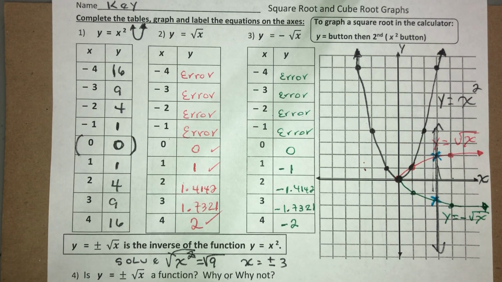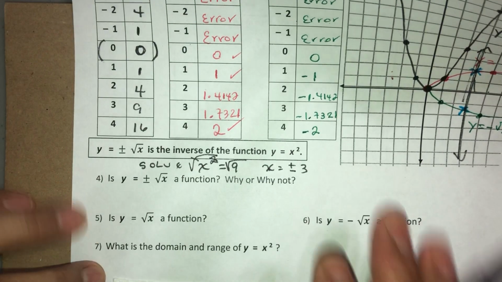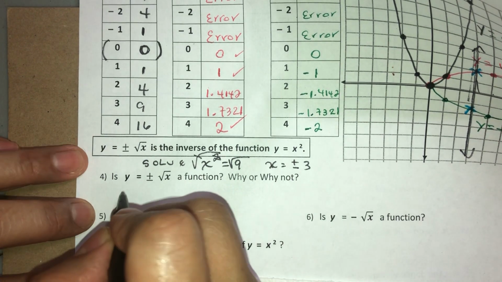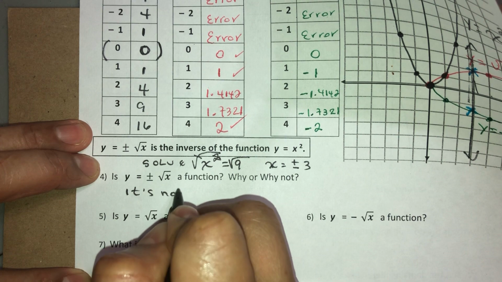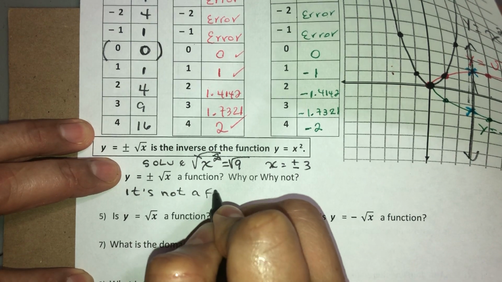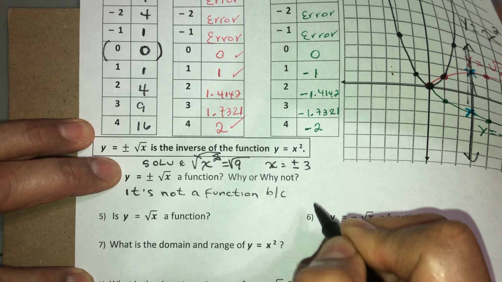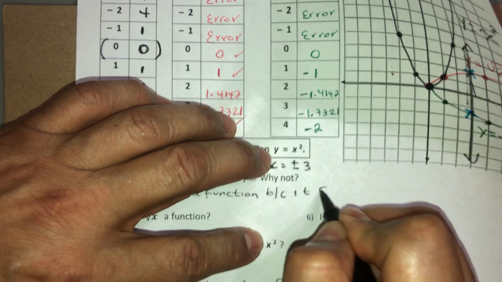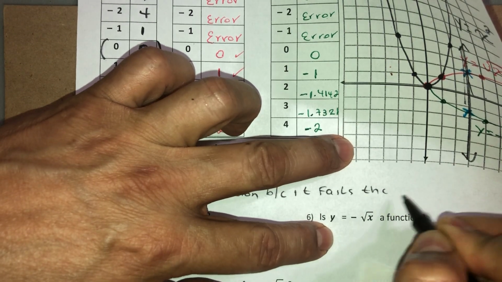So what you have to do is write: it's not a function because it fails the vertical line test.